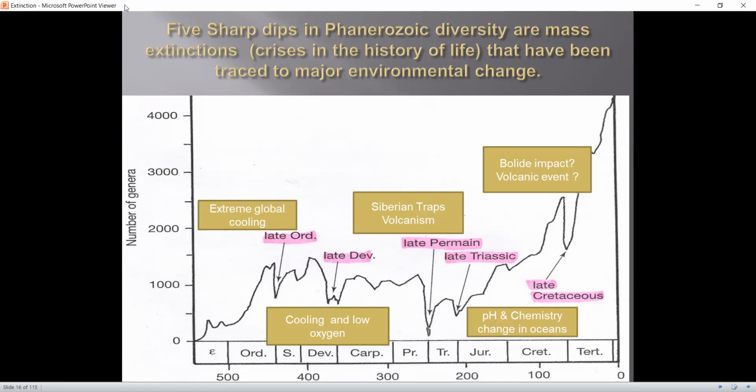It's a volcanic scenario in Upper Siberia, and that was a deadly one. We also have one at the end of the Triassic, which is a pH change, a chemical change in the oceans. And then finally, we get this one everybody's talking about now, the bolide, the demise of the dinosaur by some kind of a meteor hit or something like that. 5 of these things, but only one right now has been definitely laid to some kind of an extraterrestrial event like that.